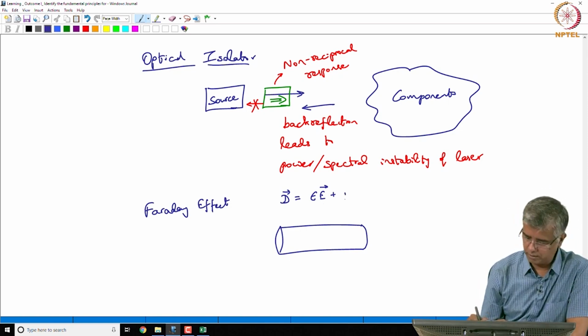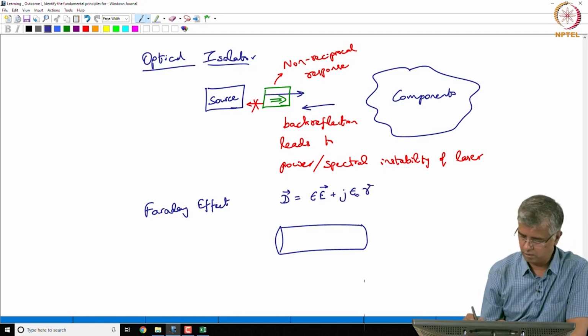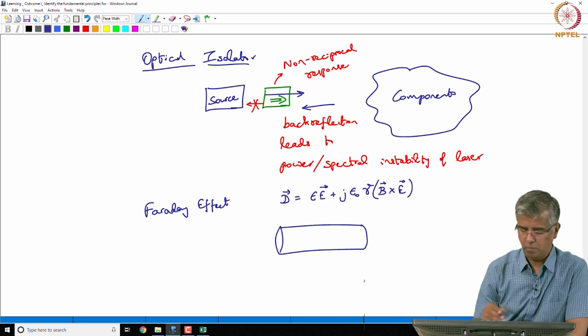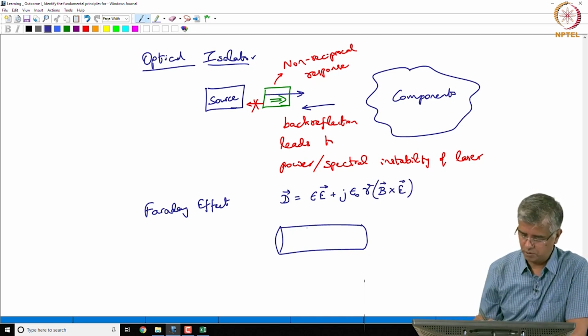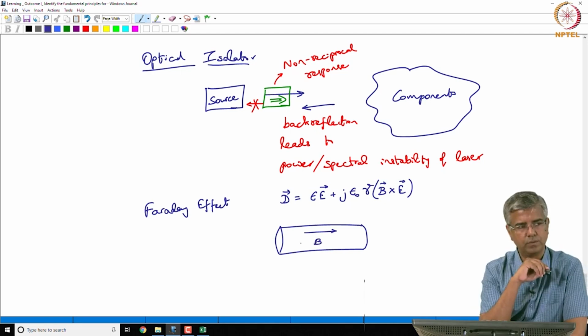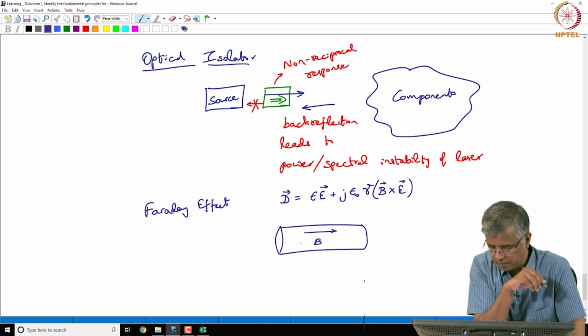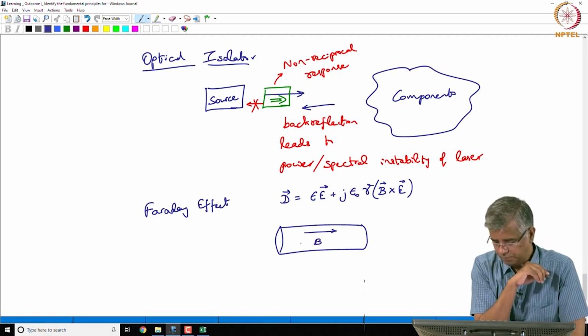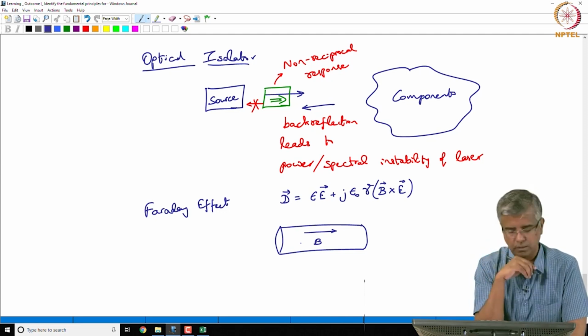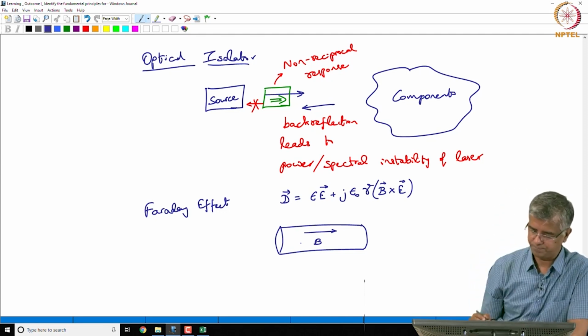That response is given by j epsilon naught gamma B cross E, right, where B corresponds to the magnetic field, in this case represented by the magnetic flux density along the axis of the material.